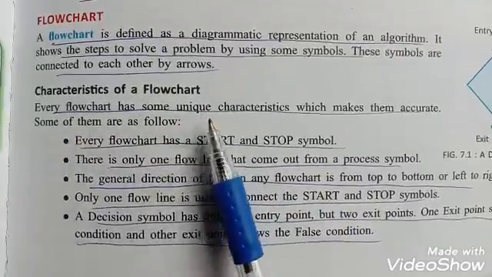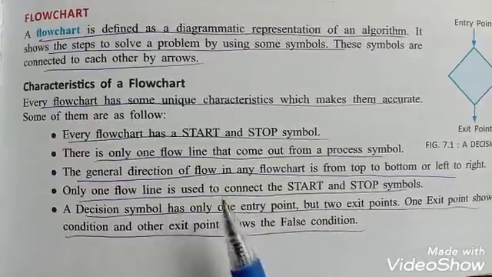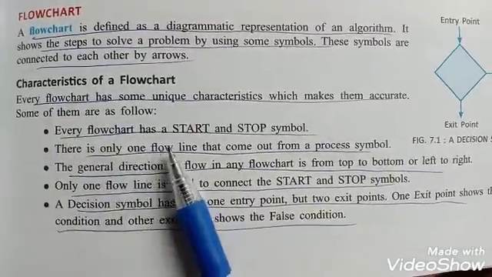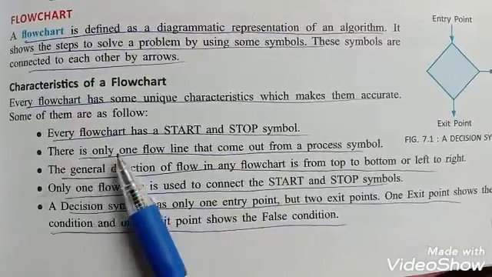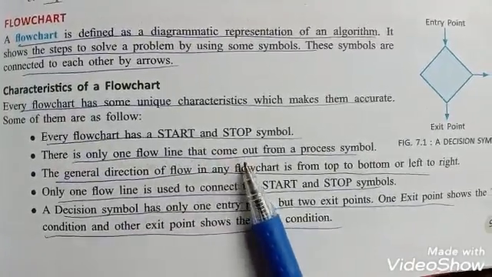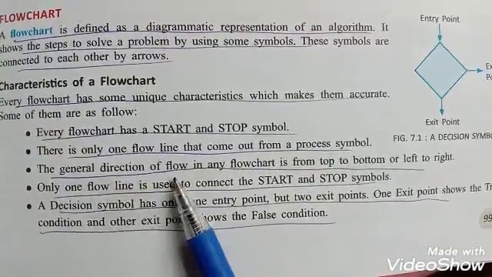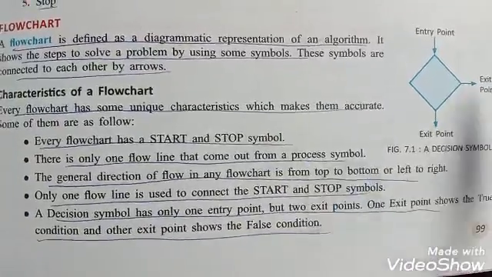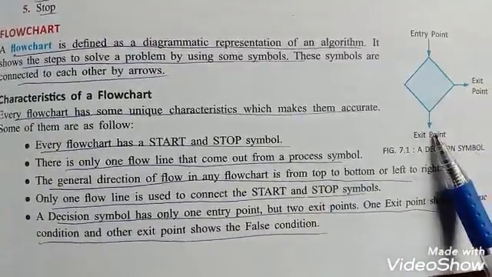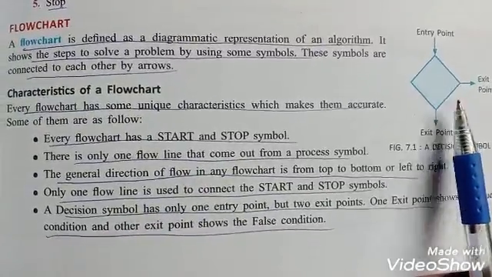Characteristics of a flowchart are as given below. Every flowchart has a start and stop symbol. There is only one flow line that comes out from a process. The general direction of flow in any flowchart is from top to bottom, like this, or left to right.